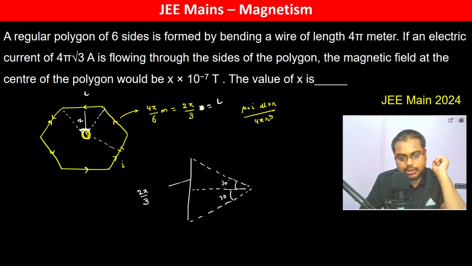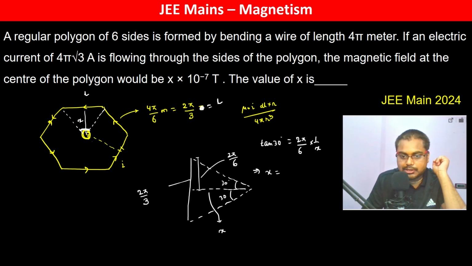So therefore the half part is 2 pi by 6 meters and this is x. So therefore tan 30 degree is equal to 2 pi by 6 into 1 by x. Tan 30 degree is 1 by root 3, so therefore x becomes 2 pi by 6 into root 3 meters.